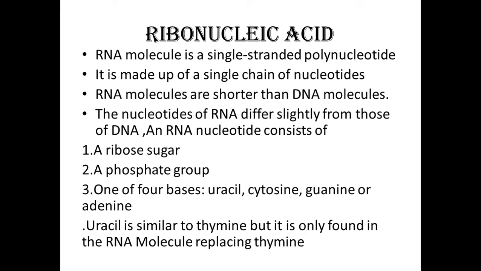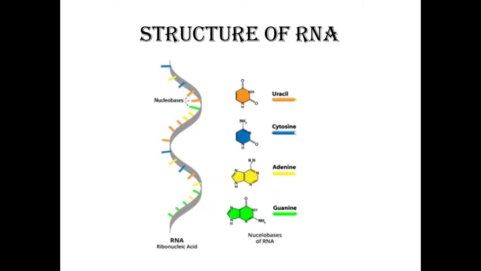An RNA nucleotide consists of a ribose sugar, a phosphate group, and one of four bases: uracil, cytosine, guanine, and adenine. Your uracil will replace your thymine. Uracil is similar to thymine, but it is only found in the RNA molecule, replacing the thymine.